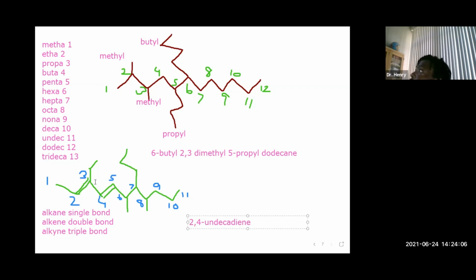Okay, so what do I have coming off the third? Number 3. You said it's going to be what? Propyl? Are you sure? Because I see you don't. Ethyl, that's right, ethyl. Okay, so we're going to have ethyl here.